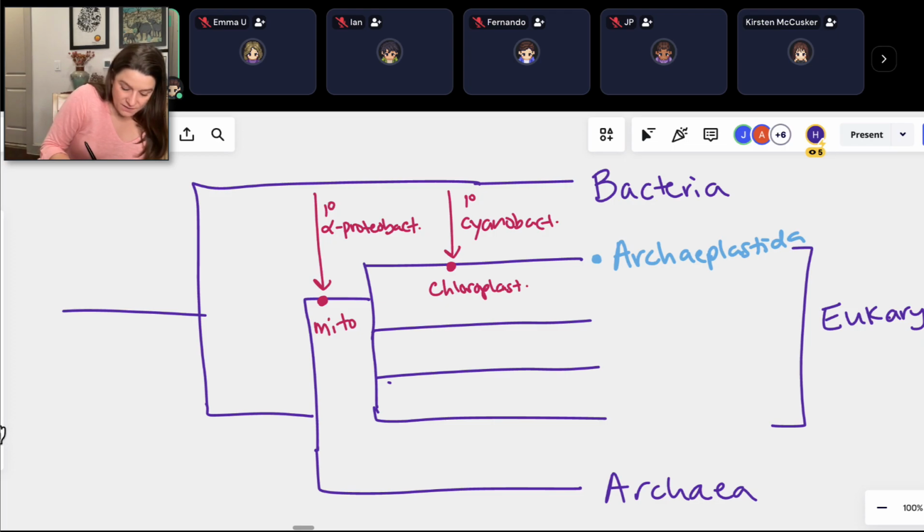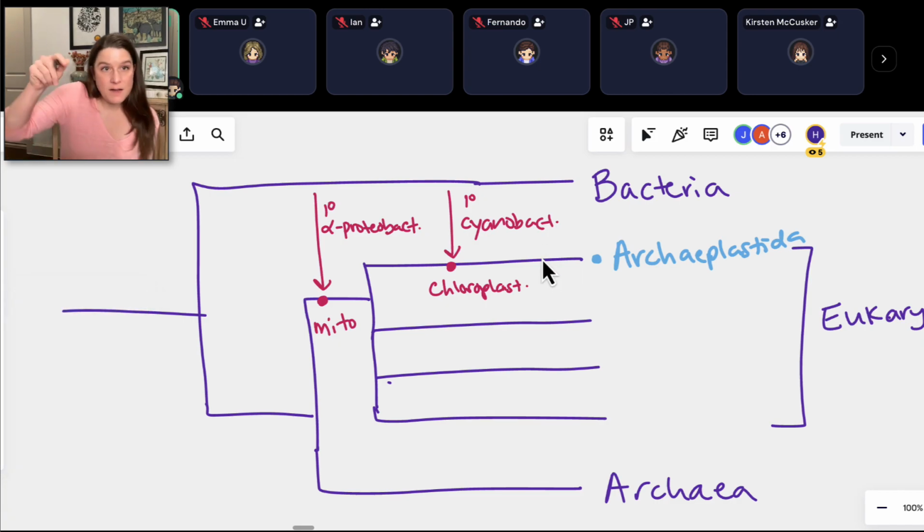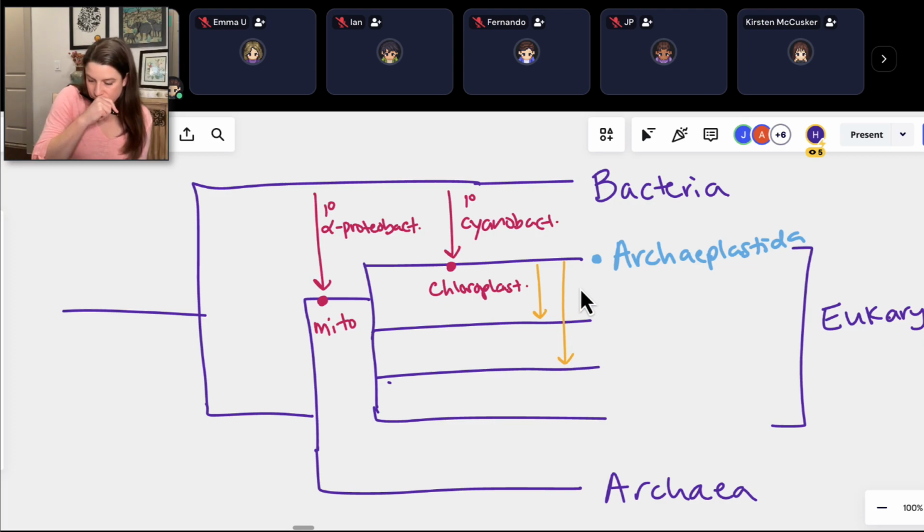Then we've got these other events that are secondary endosymbiosis events in some of the groups. And they come from the red algae and the green algae in this Archaeplastida lineage getting engulfed. So it would be later in time, and this happens multiple times, but there's two. It's not in all the groups, though.